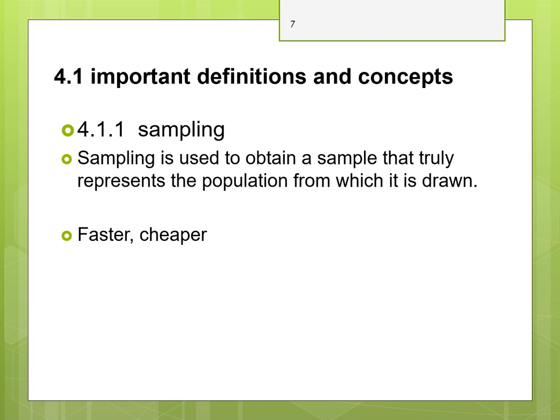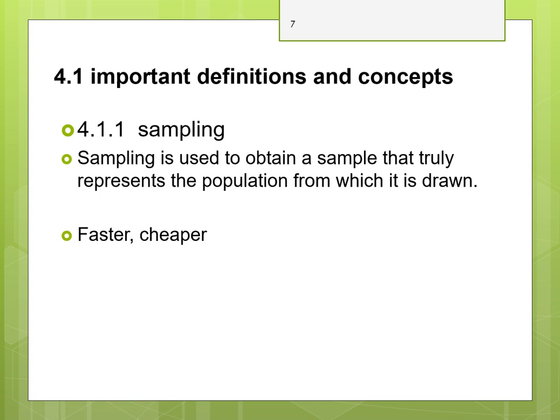That is sampling. So sampling means this method is used to obtain a sample that truly represents the population from which it's drawn. Most often, when we want to know something about a population, and we also know that the population is too big to do the research, we can draw some individuals from the population.